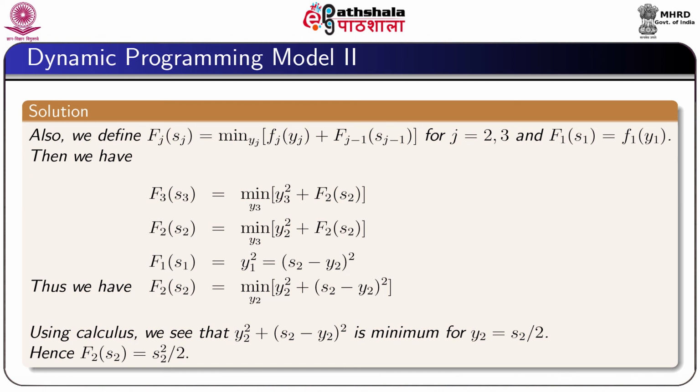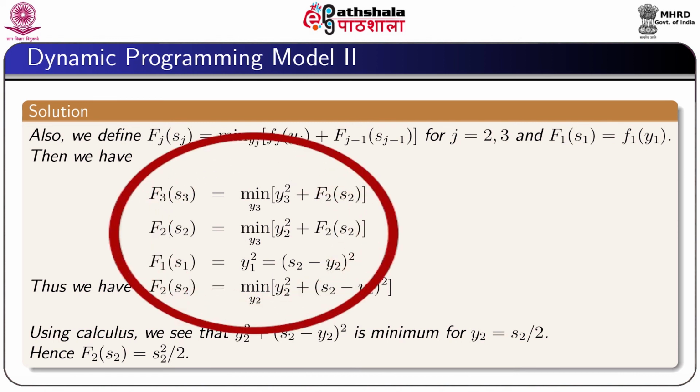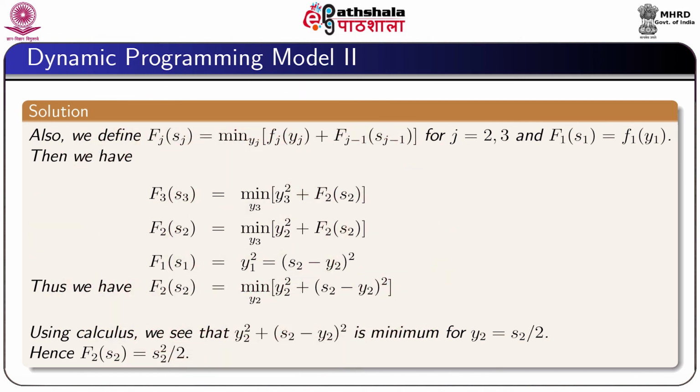Now, we define the recursive formula Fj(Sj) equal to minimum of fj(yj) plus Fj minus 1(Sj minus 1) for j equal to 2 and 3, and F1(S1) is equal to f1(y1). With this definition, we get F3(S3) equal to minimum of y3 square plus F2(S2), where the minimum is taken over y3.